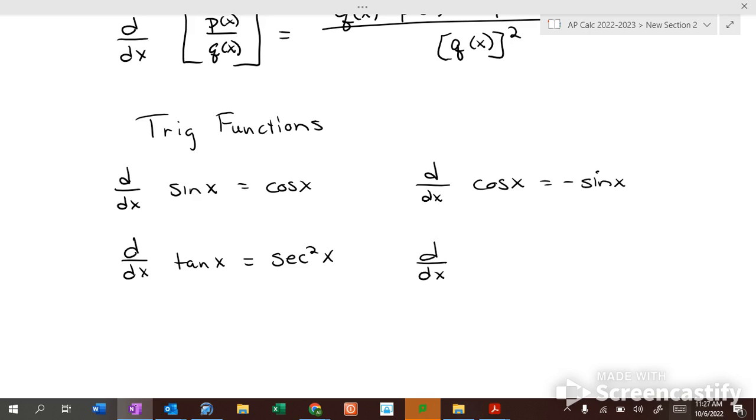The first derivative of cotangent of x would be negative cosecant squared of x, which would make sense if you know your trig.